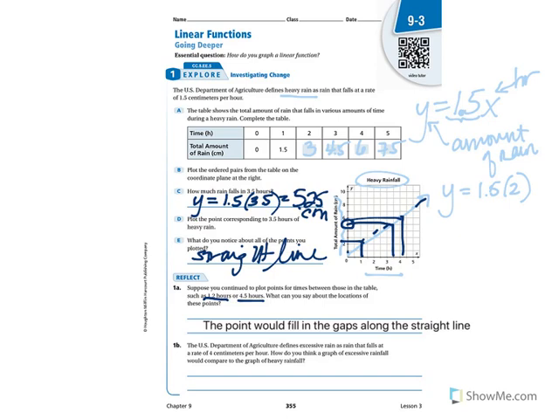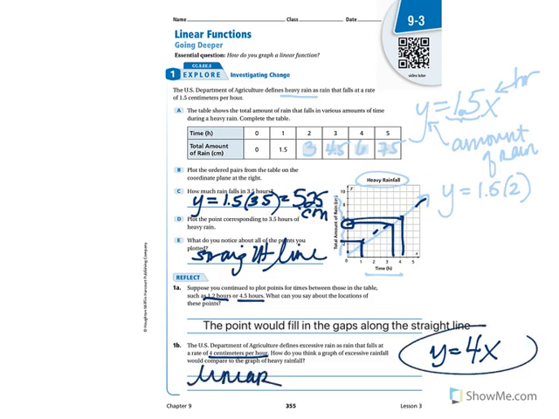And then 1b says the U.S. Department of Agriculture defines excessive rain, so different from our heavy rain, as rain that falls at a rate of 4 centimeters an hour. So in this case here, my mind's going to go to this. And it says here, how do you think a graph of excessive rainfall would compare to the graph of heavy rainfall? Well, it's still going to be linear.